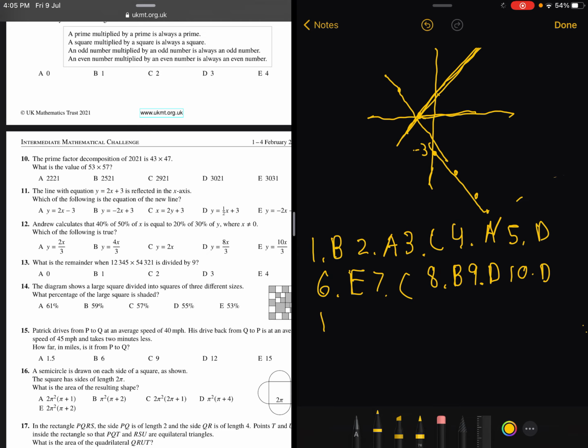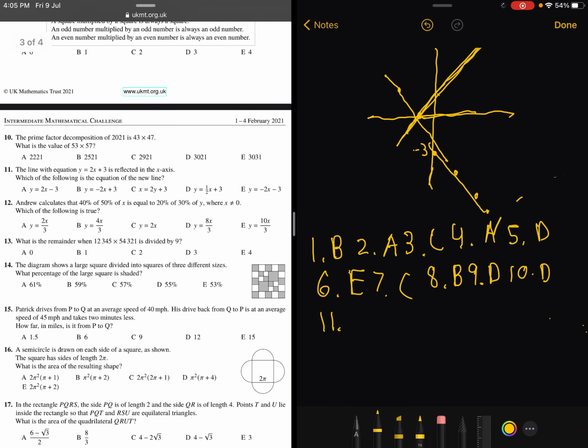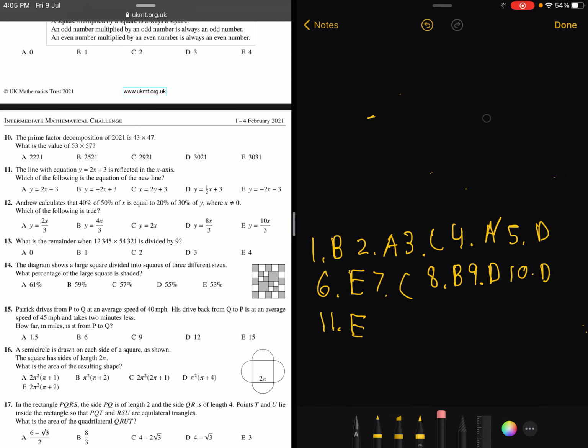So 11 would be y equals minus 2x minus 3, which is E. Nice question to check whether people are afraid of geometry or whether they can draw out the grid and actually understand what's going on.